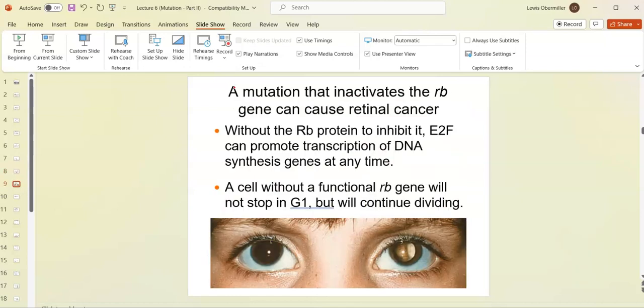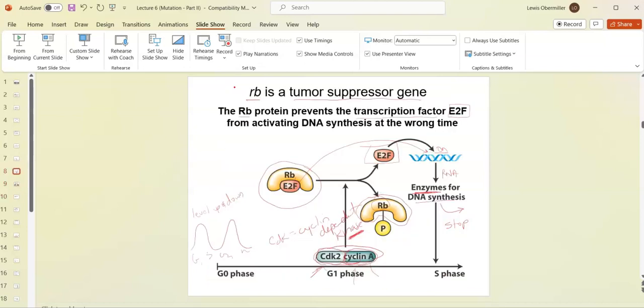So inactive RB causes retinoblastoma, like that childhood disease that we're talking about. So without RB, the E2F can promote transcription of the DNA synthesis genes all the time. This can't be bound up, right? So the shape of RB always allows this to be expressed.